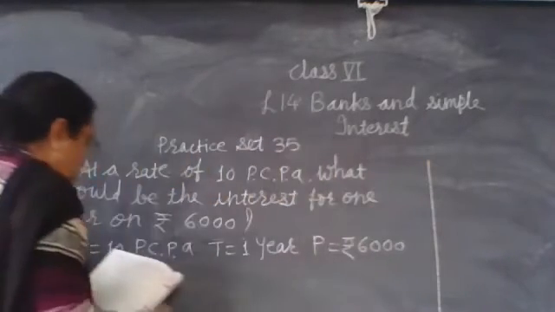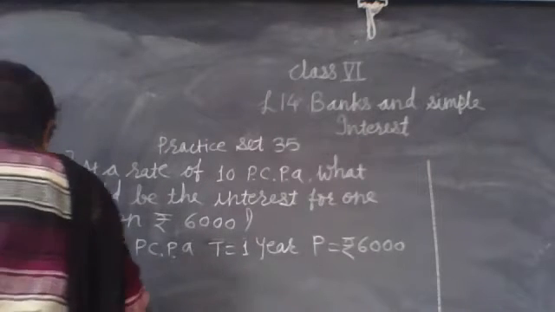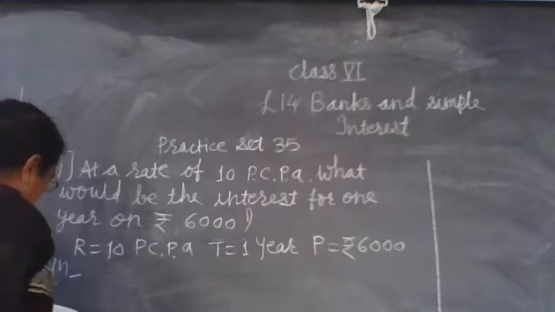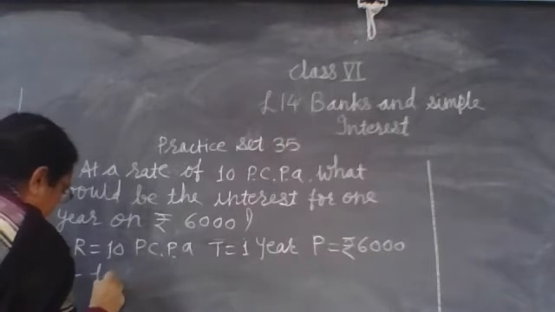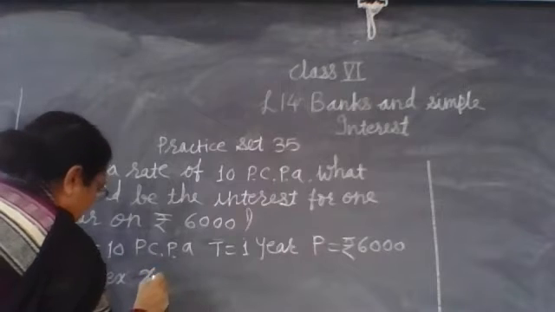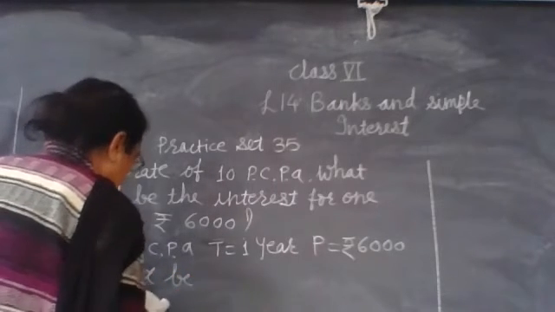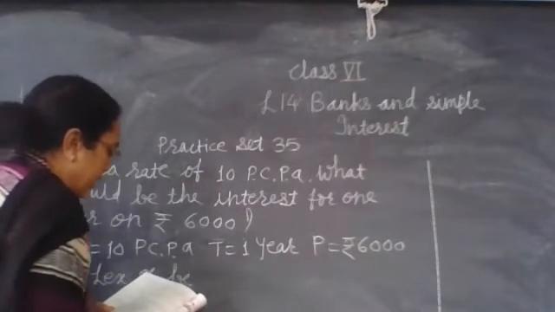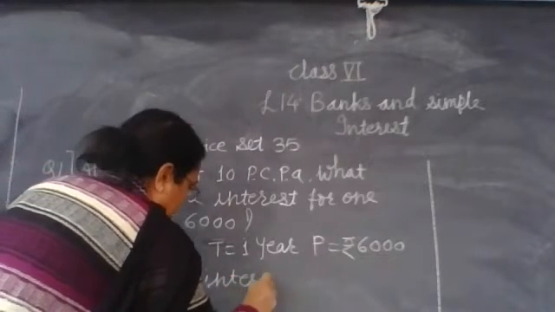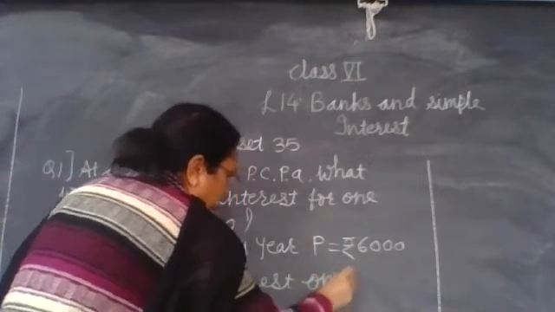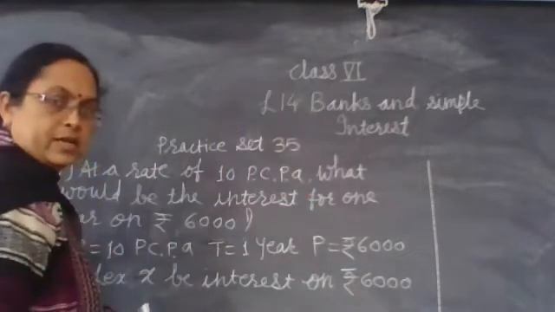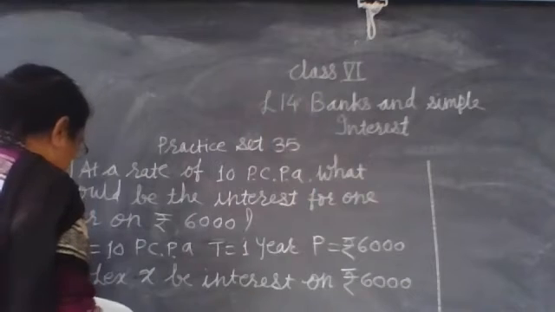So let us try to solve the question. Let x be the interest on rupees 6,000. That we have to find out. We will take it as x.